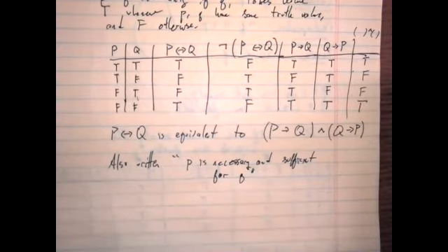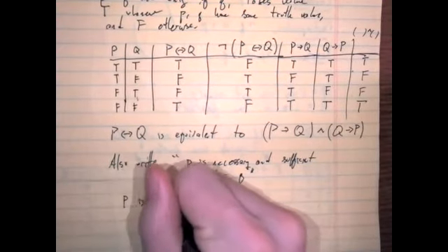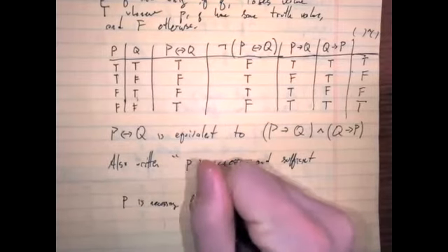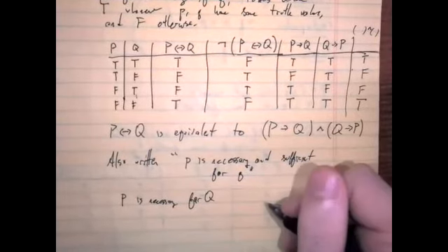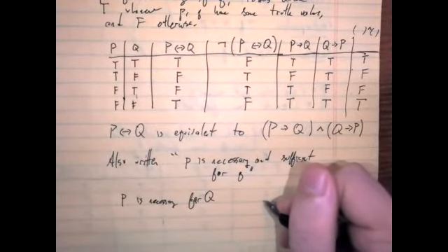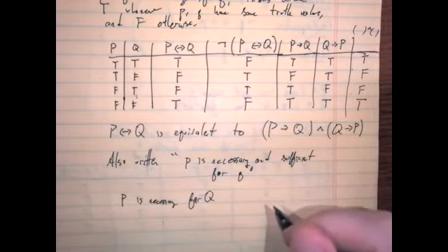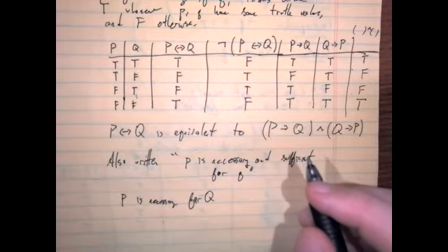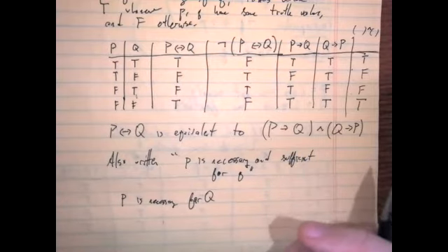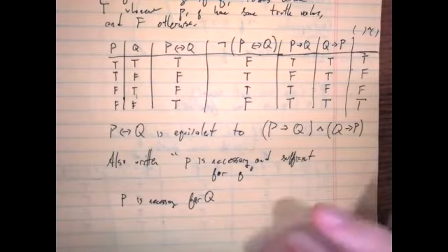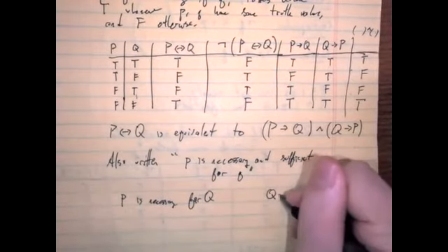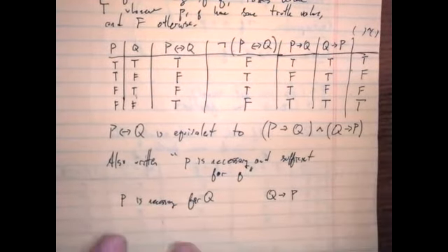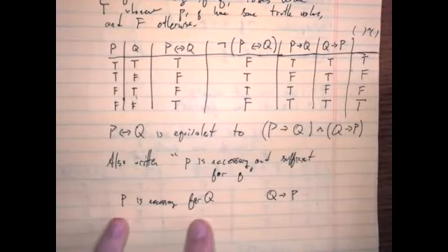So remember, P is necessary for Q. Is what implication? And Luke, it is correct that Q if and only if P is equivalent to P if and only if Q. So P being necessary for Q is the statement Q implies P. Remember that the necessary thing kind of switches.